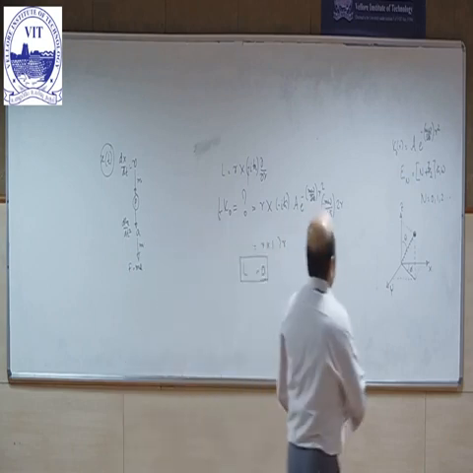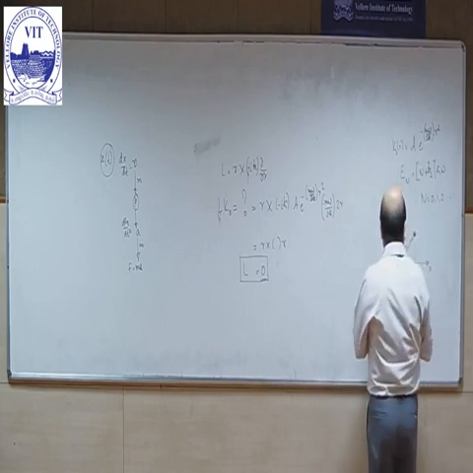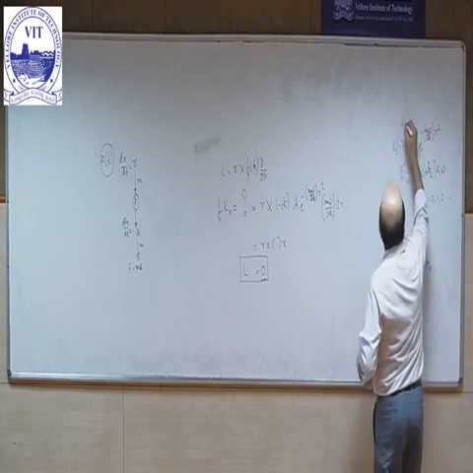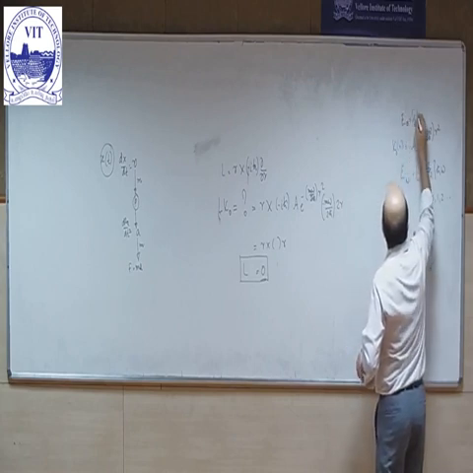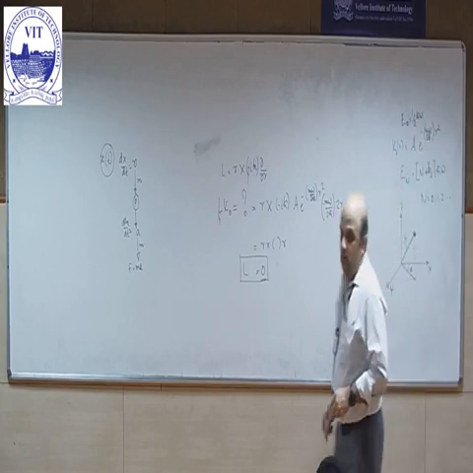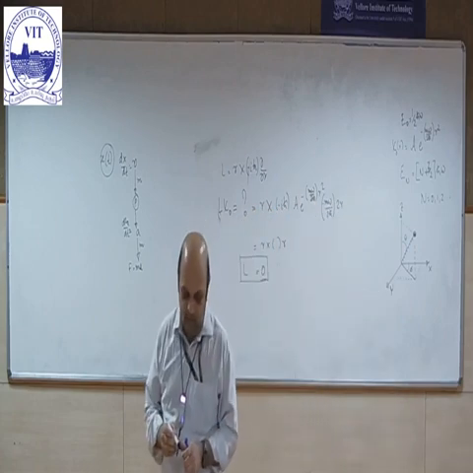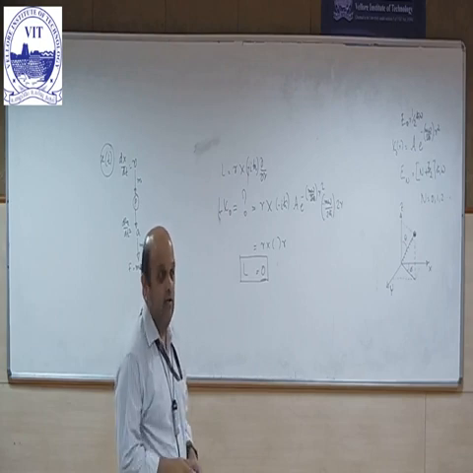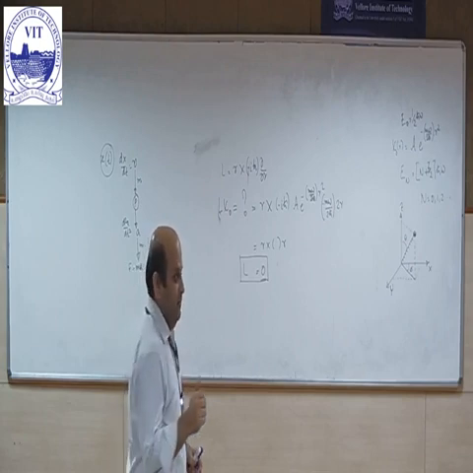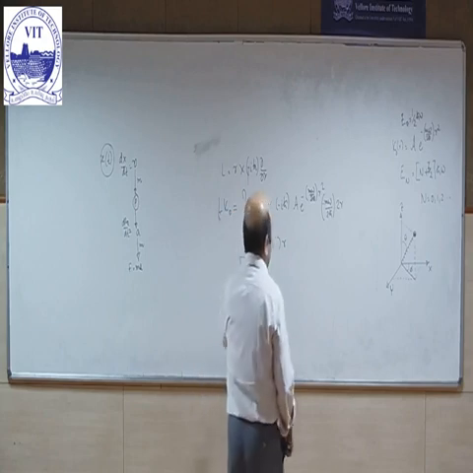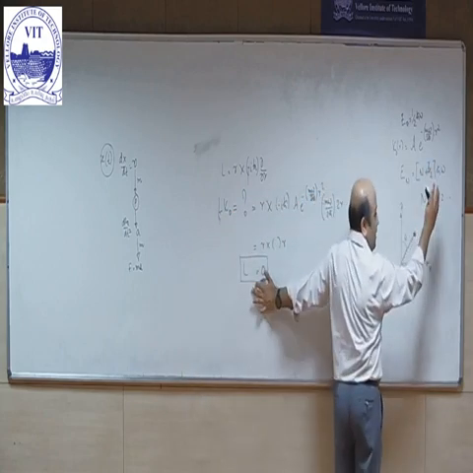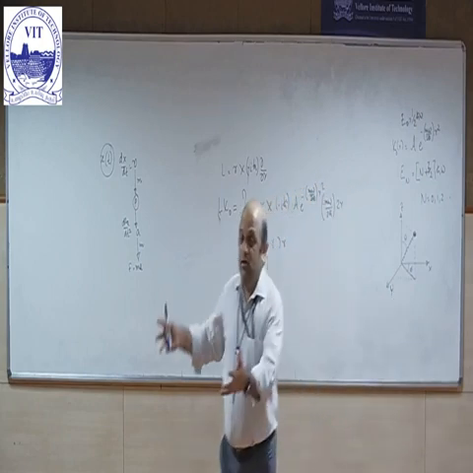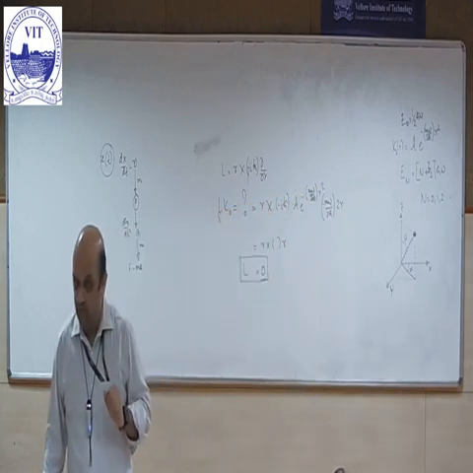Remember, this function corresponds to a state which is given by E naught as half ħ omega. So a spherically symmetric wave function psi of r corresponds to a state with 0 angular momentum. Okay, so L becomes 0. So if at all you can define the particle with a spherically symmetric wave function, that already tells you that the angular momentum is 0.